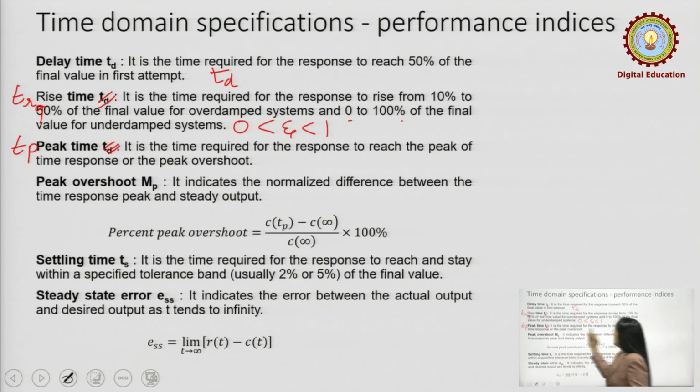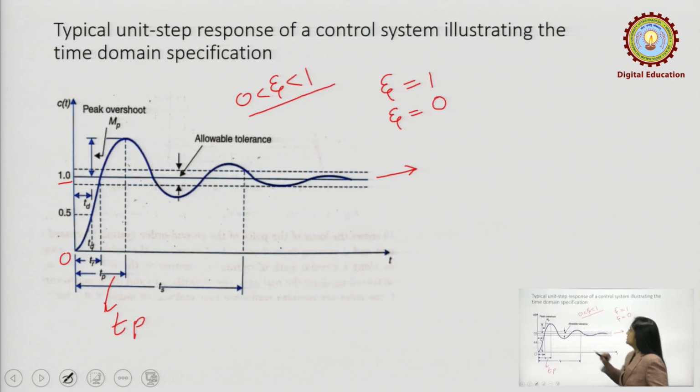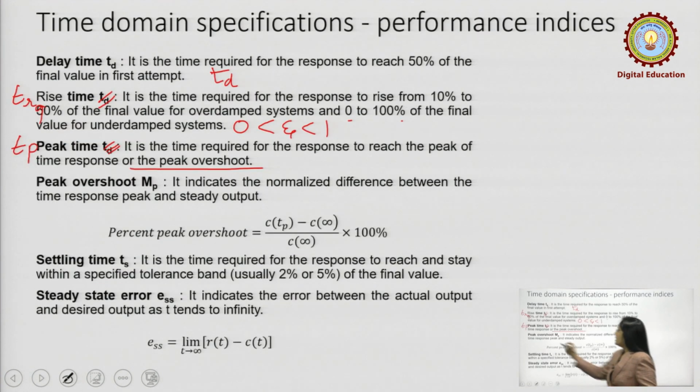Peak time is the time required for the response to reach the peak overshoot. This is the peak time T p, when the value of the response is at the first overshoot. And what is peak overshoot? It indicates the normalized difference between the time response peak and the steady state output.